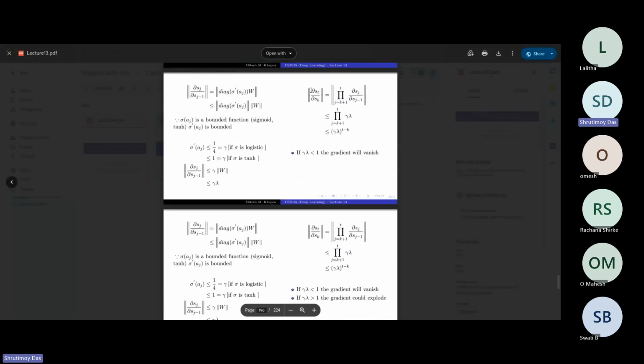Now the rate of change of s_t with respect to s_k depends on this product. If it is small, say 0.5, then if you take powers of 0.5, it will continue vanishing: 0.5, 0.25, and so on.